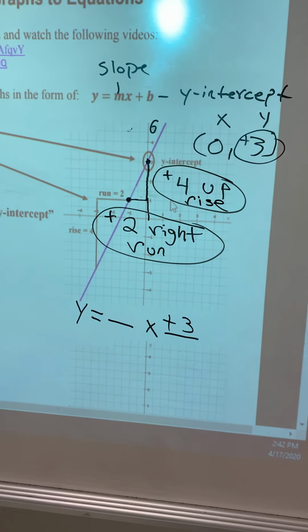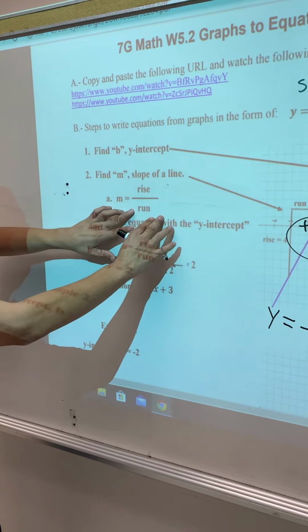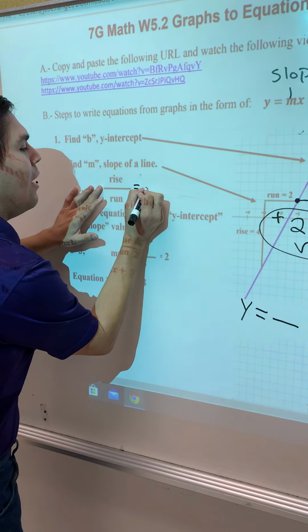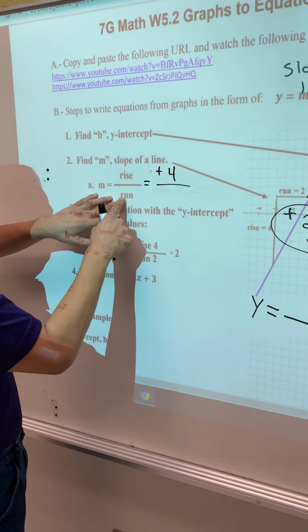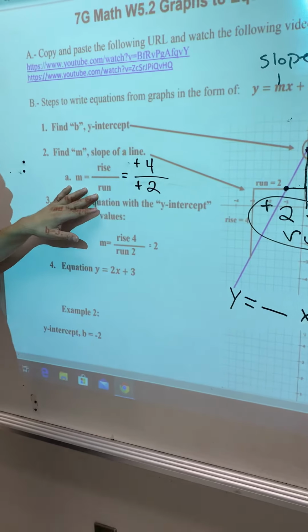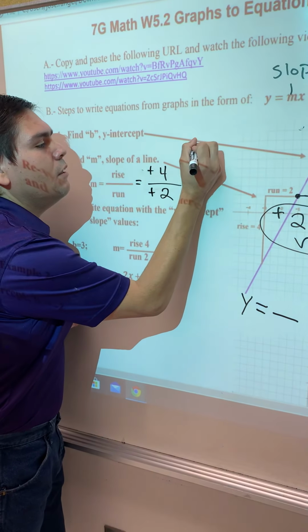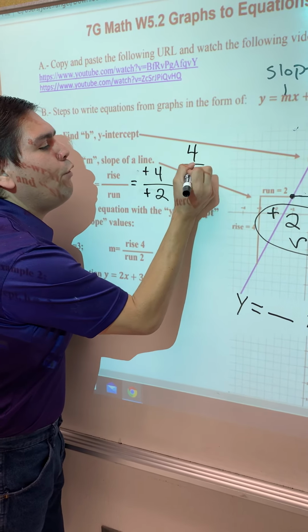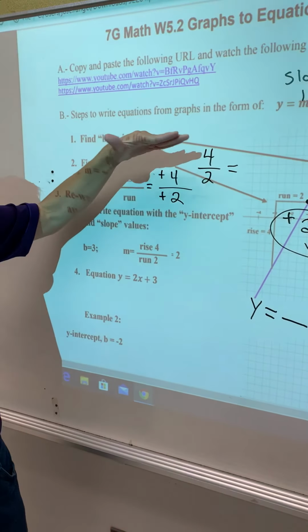And remember, how do we write slope? If you look at the example right here, rise over run. My rise in this example happened to be a positive 4, and my run happened to be a positive 2. And there's my slope. Now notice that your slope is written in the form 4 over 2, which can be simplified because technically this says 4 divided by 2.